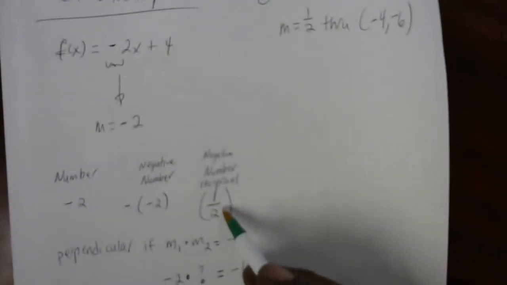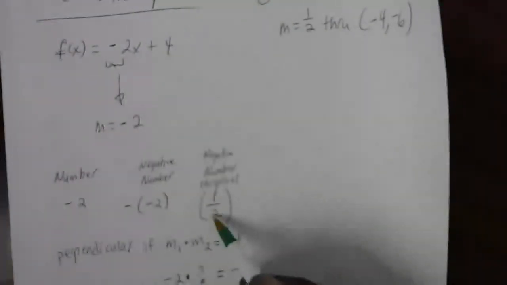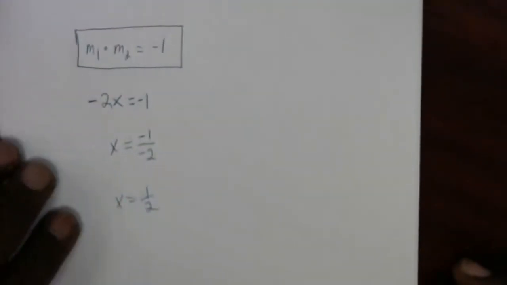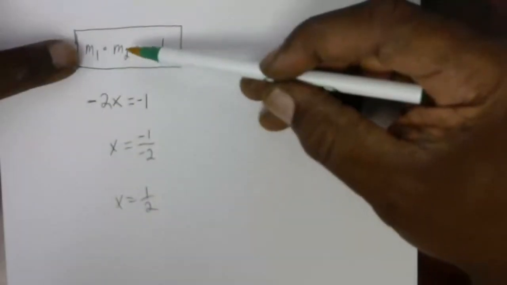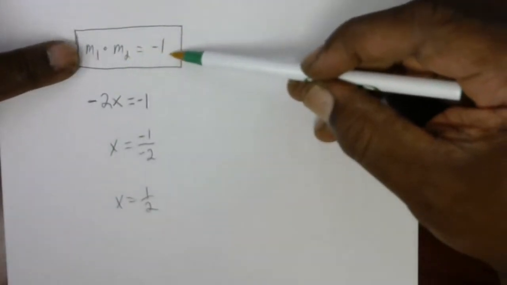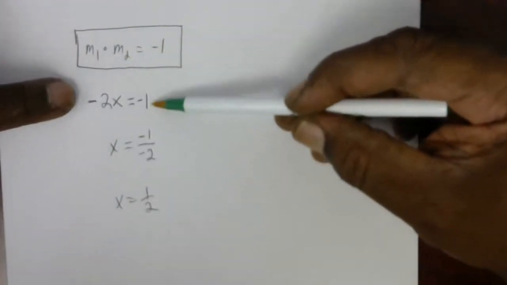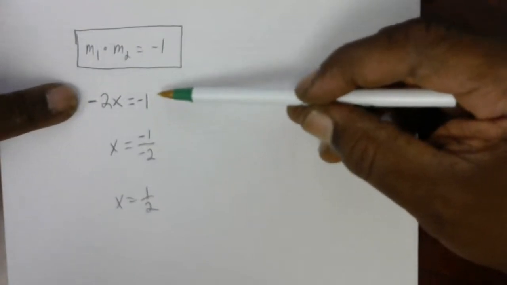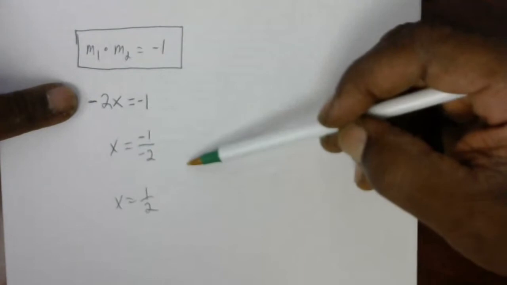That would give you the desired slope. Or if you set it up as an equation, keep in mind that the product of those two slopes must equal -1, right? So we can set up an equation to actually find the negative reciprocal as we did here.